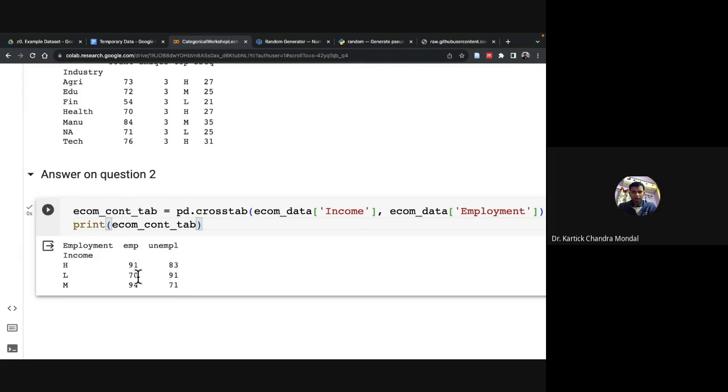Looking at employment category, whether they are employed or not, the low income group has a greater number of unemployed persons compared to the medium and high income. They are unemployed, that's why they belong to the low income group. And the number is 91.